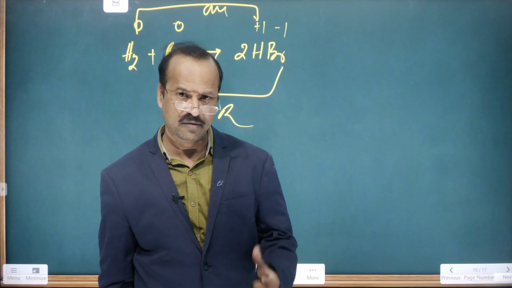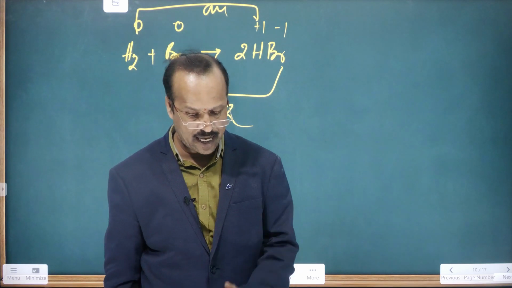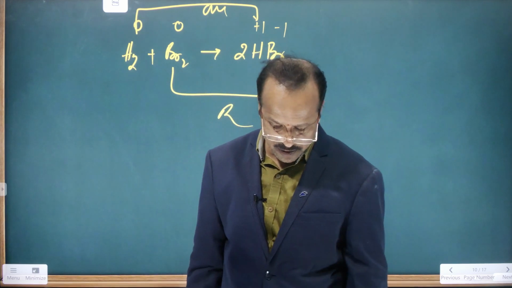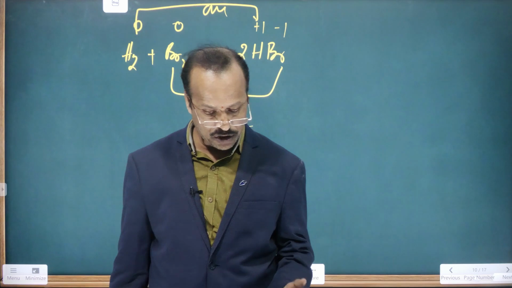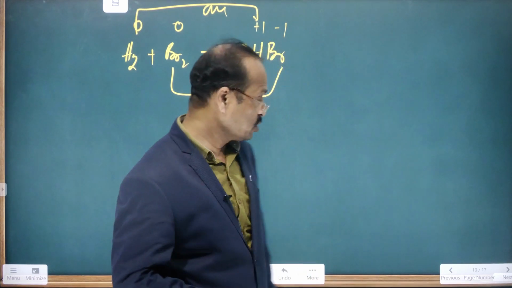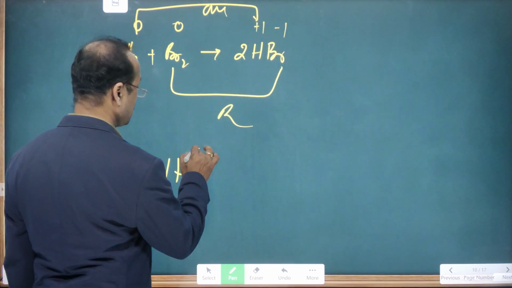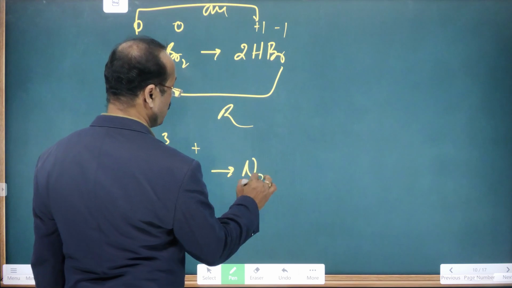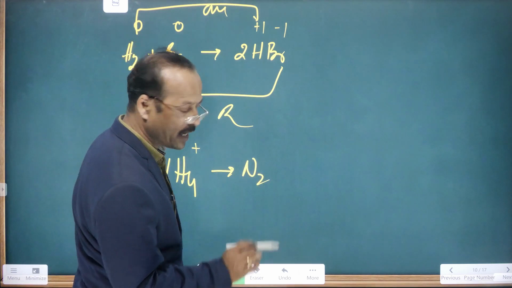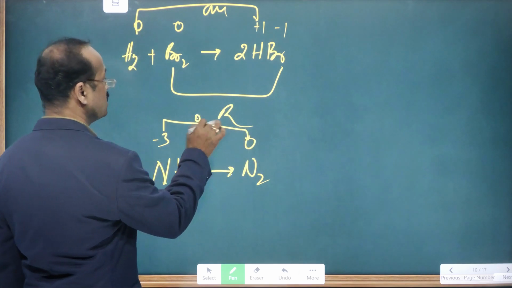Strongest reducing agent: metals are stronger reducing agents, and among them potassium is the right answer. Directly you can take. In which of the following is nitrogen oxidized? Oxidized means the oxidation number should increase. So here in NH4 +, the nitrogen oxidation state is -3, and it becomes 0. So -3 to 0, this is oxidized.